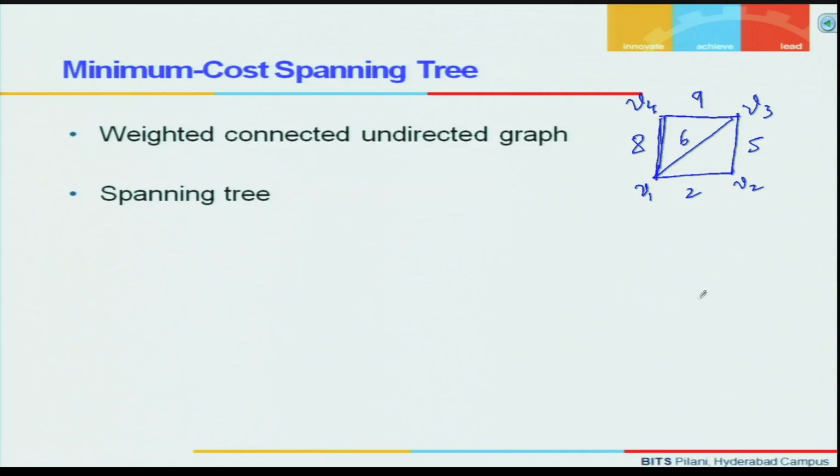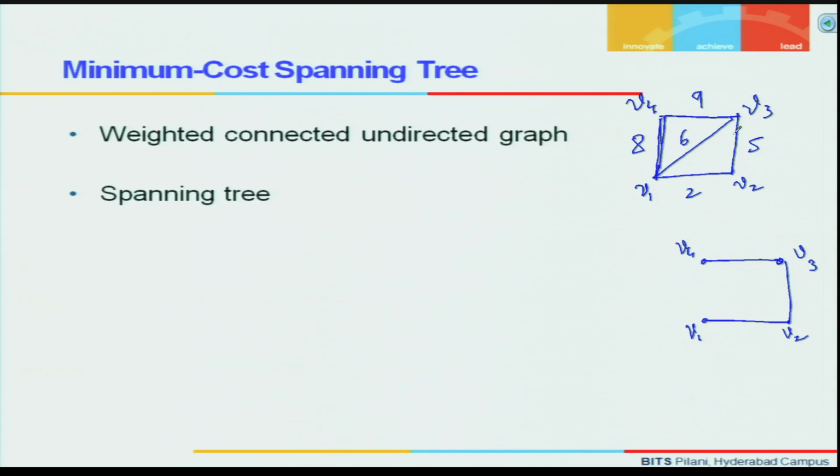What I mean here is, if I take V1, V2, V3, V4, is it a subgraph or not? Definitely it is a subgraph because its vertex set is a subset of the vertex set of the graph that we have got, and its edge set is a subset of the edge set of the graph that we have got. Hence it is definitely a subgraph. Let us see if it is a tree or not.